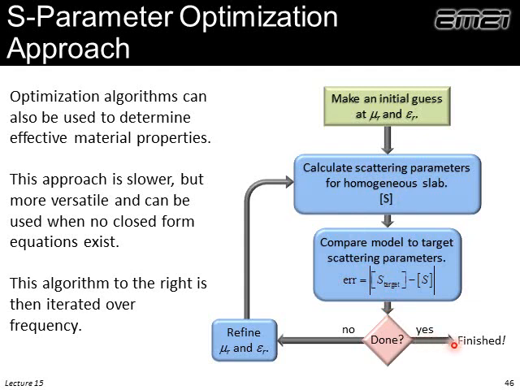If we're done, great. If not, we refine again. And we keep doing this until eventually our mu and epsilon produce a slab that gives us the same scattering parameters that we either measured or modeled from our engineered material, and the algorithm is done. So while this may take many iterations, we're not playing with complex exponentials and really trying to manually sort out the branching.